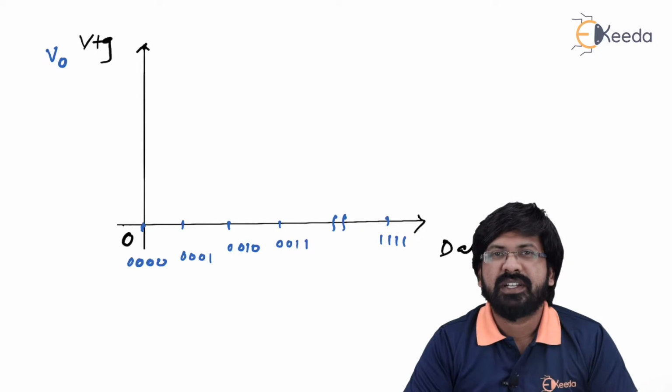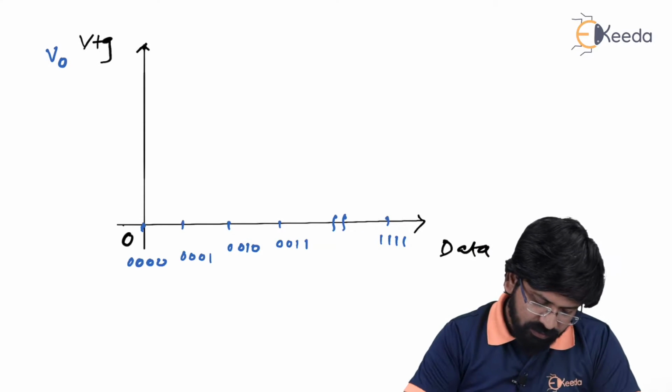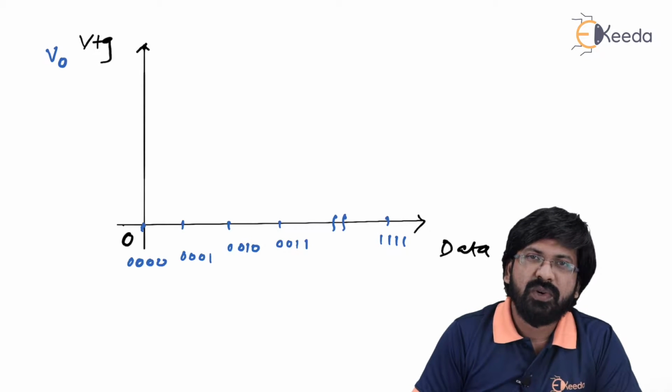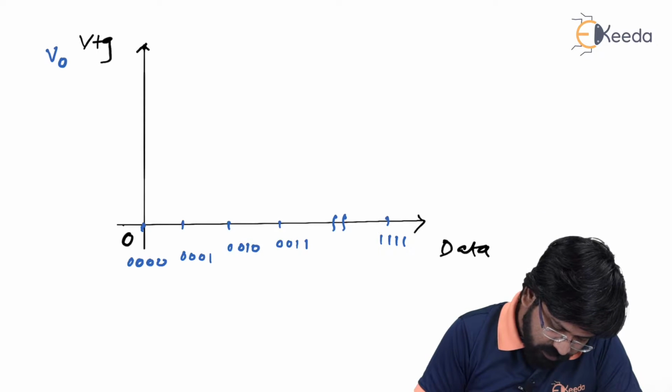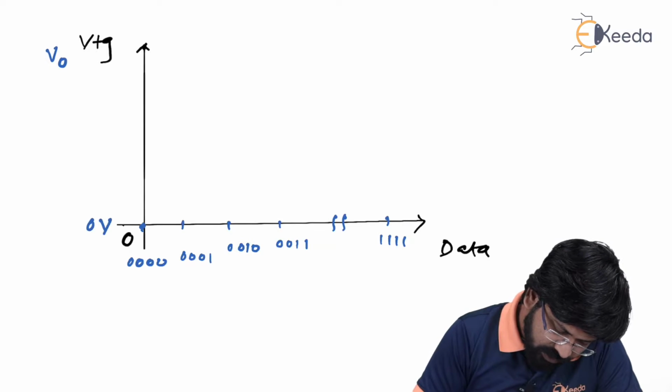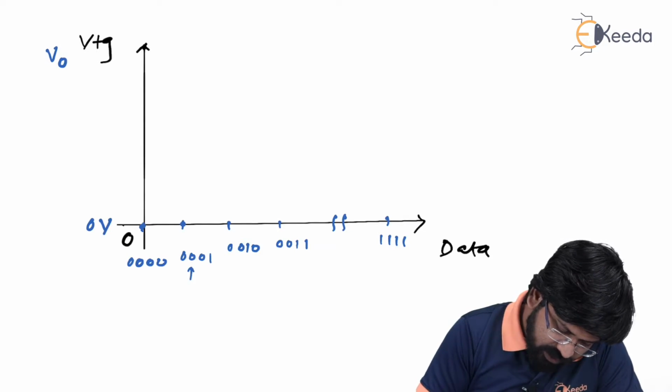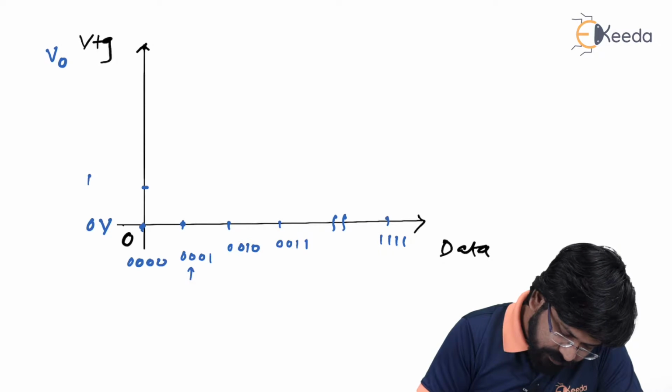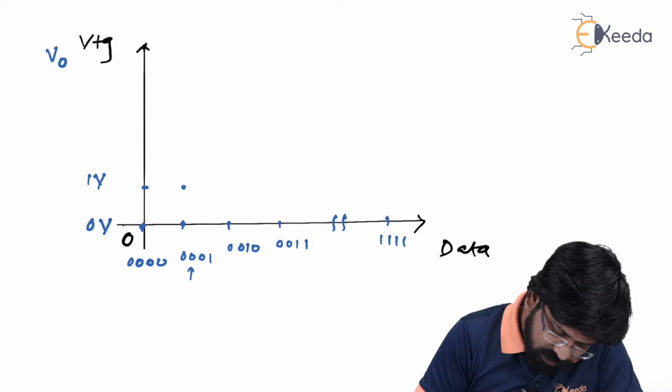As we have already seen in the table, for all zeros you get 0 volt at output. After that, at 0001 data you get 1 volt.